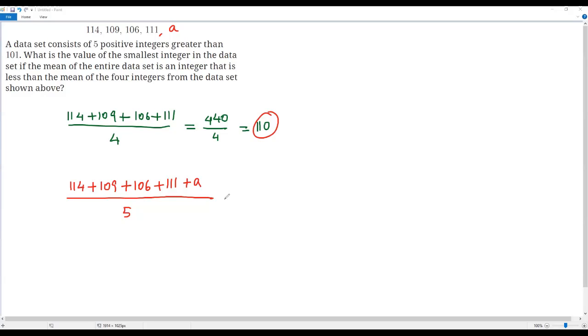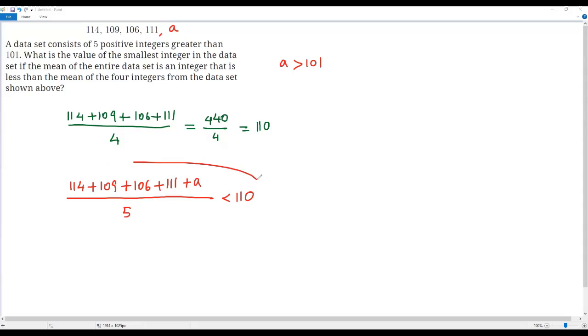So it has to be less than 110. And when you find the value of A, it has to be greater than 101 and must be a positive integer. So A must be an integer greater than 101. Accordingly, we have to find the value of A.